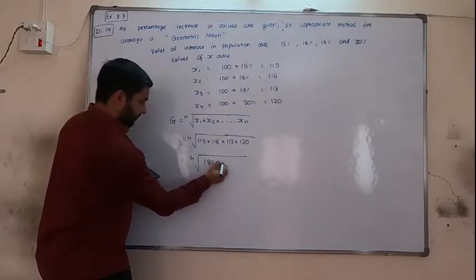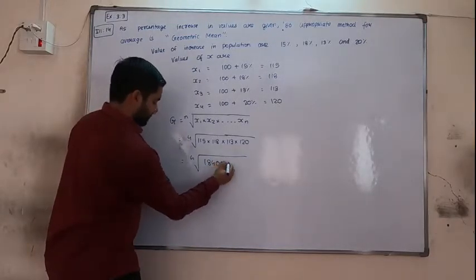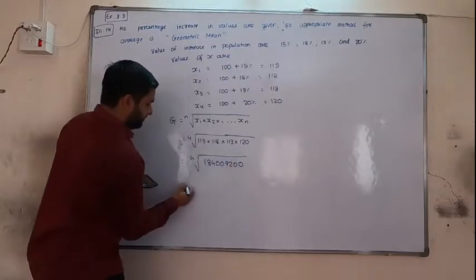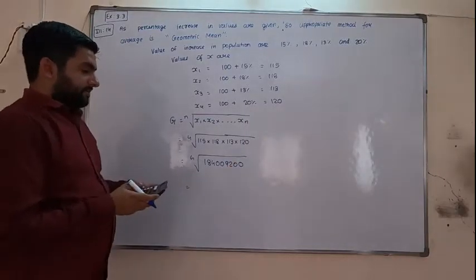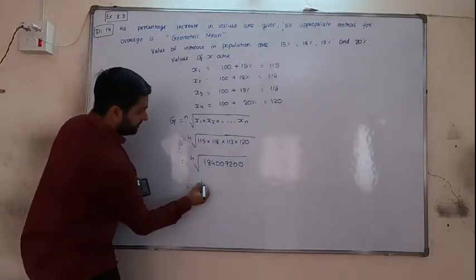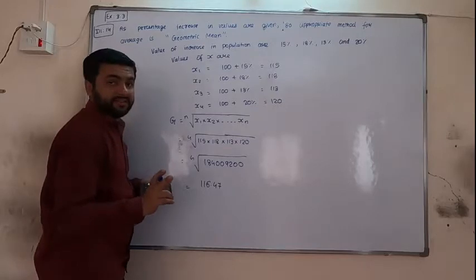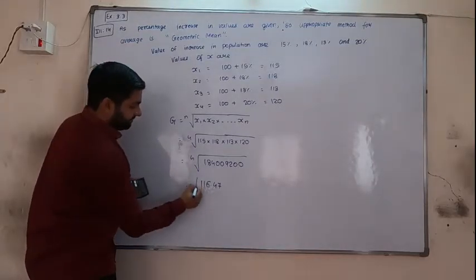Multiplying gives 18,492,00. Press the root button 2 times. 116.4647.